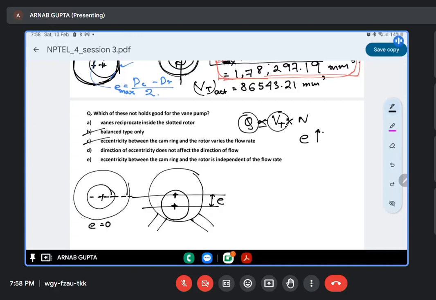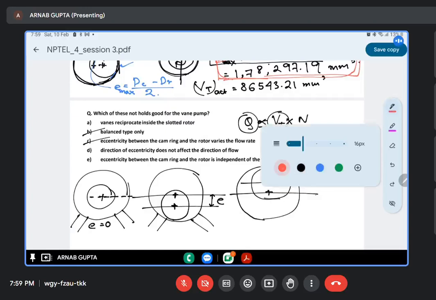So here E is equal to 0, and this is one case, and you have another case like this. So here we are providing the eccentricity downwards, and here we are providing the eccentricity upwards. So this is your E here.